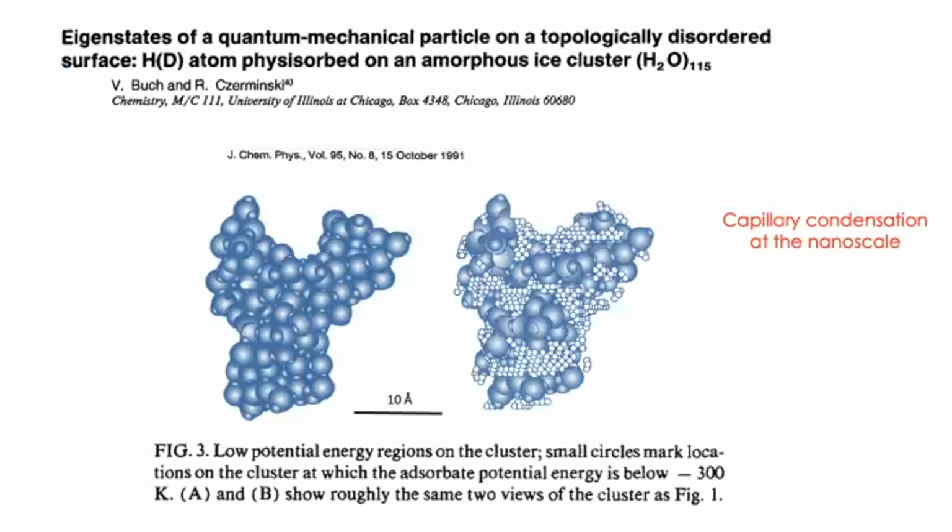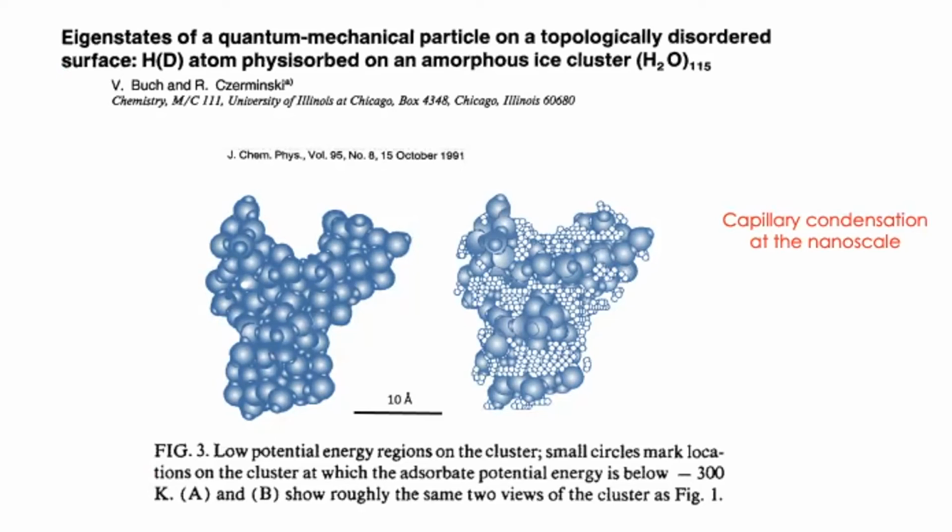So the essence of this effect is to be found in an old paper published 30 years ago by Victoria Buch. She has computed an ice nanocrystal and shown that for hydrogen, the adsorption potential, we are talking about physisorption or co-adsorption, in that case there is no chemical bond between the species and the surface, actually lies in the crevices of the nanoparticle and not on the convex part.